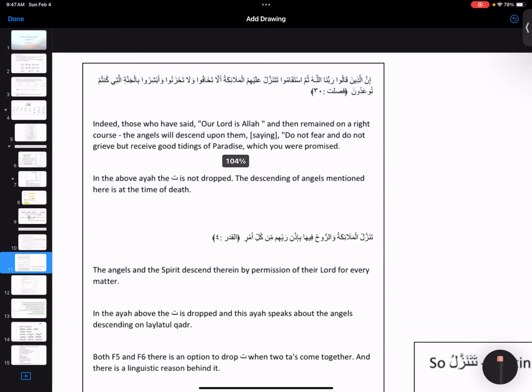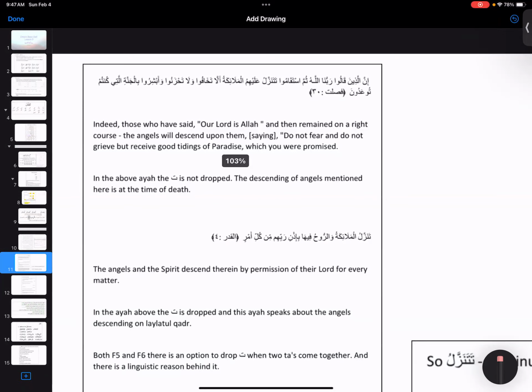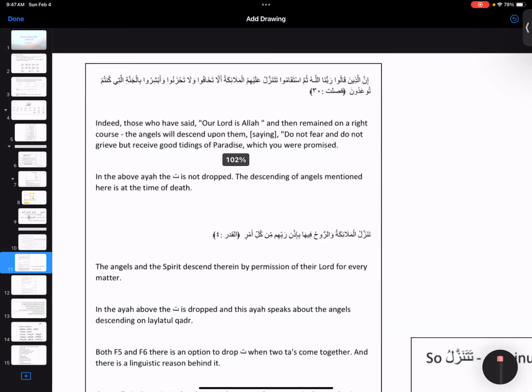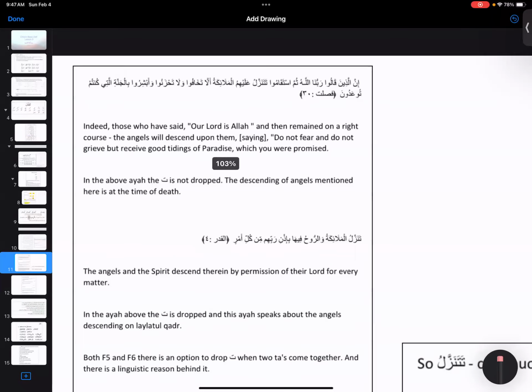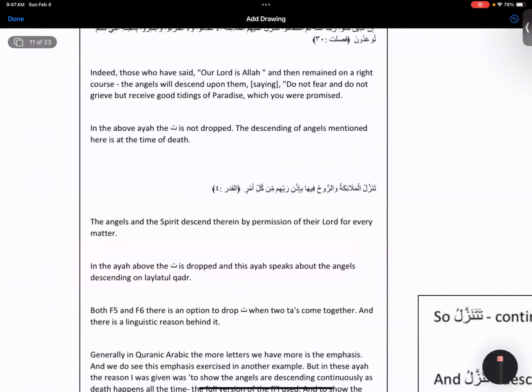So tatanazzalu alayhimul malaikatu Allah takhafu wa la tahzanu wa abshiru bil jannati kuntum tu'adun. So indeed, those who said our Lord is Allah subhanahu wa ta'ala and then remained on the right path, the angels will descend upon them saying, do not fear and do not grieve, but receive good tidings of paradise, which you were promised.